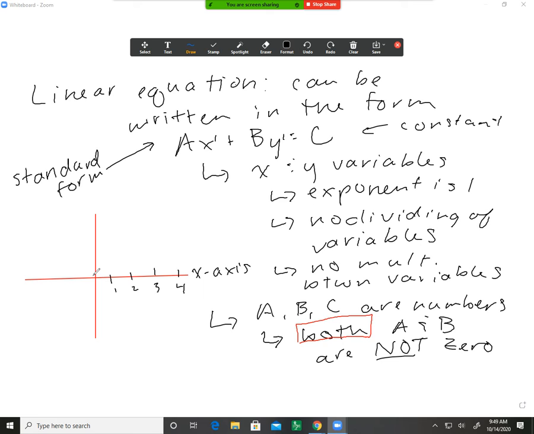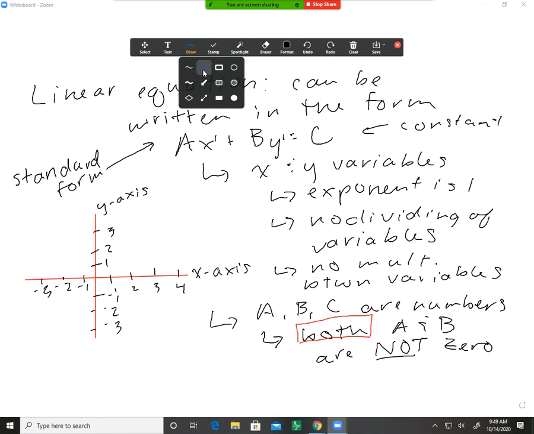If we go to the left, we're going negative: -1, -2, -3, and so on. This vertical line is our y-axis. All of our y values are there. Going up is positive, so +1, +2, +3, and so on. If we go down, we're going negative: -1, -2, -3.